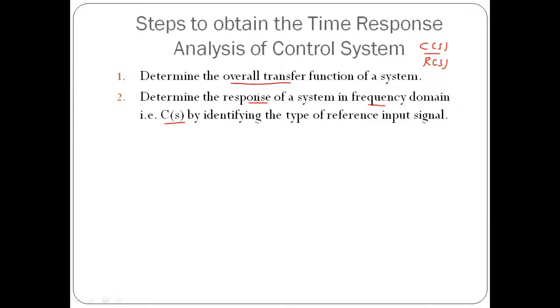Then step number 2, determine the response of a system in frequency domain, that is C(s), by identifying the type of reference input signal. That means identify the value of R(s), whether it is for step, ramp, parabolic or impulse, and try to find out the value of what? C(s).